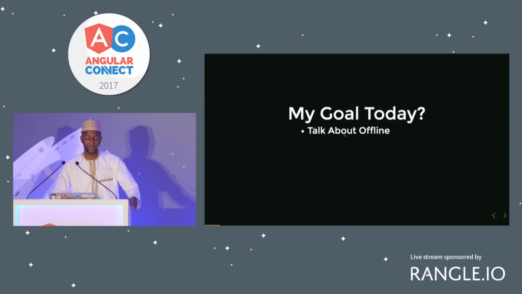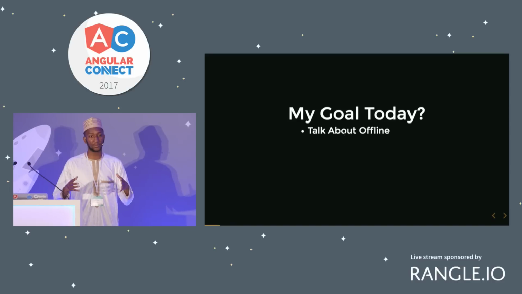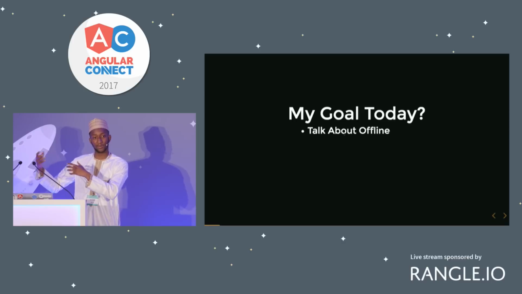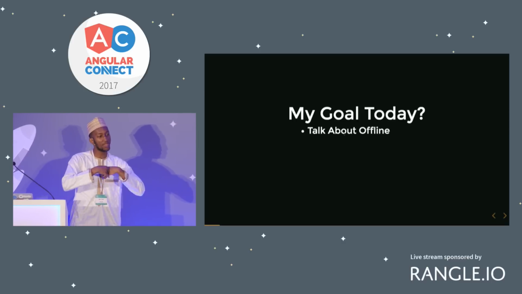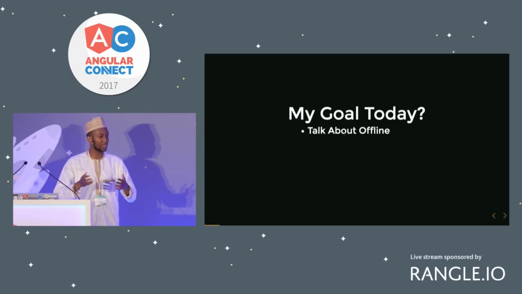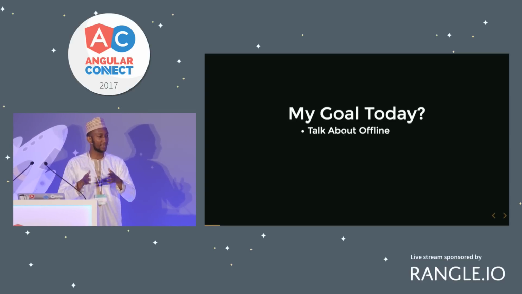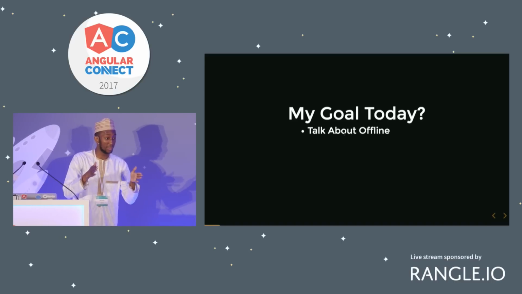So my goal today is, first of all, to talk about offline, because offline is something that, as app developers, we completely forget. I guess we've gotten that behavior because we've always made web applications. We've always thought the internet is just going to be available and fast. But now the line between a web app, a website, and a mobile application is becoming thinner and thinner.